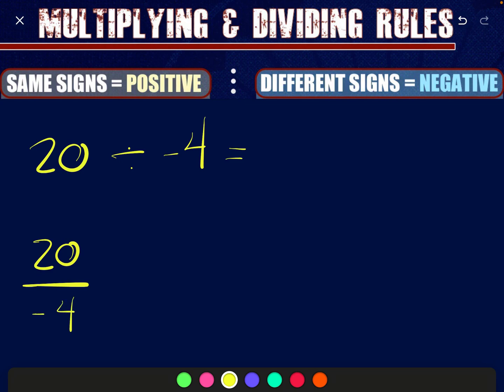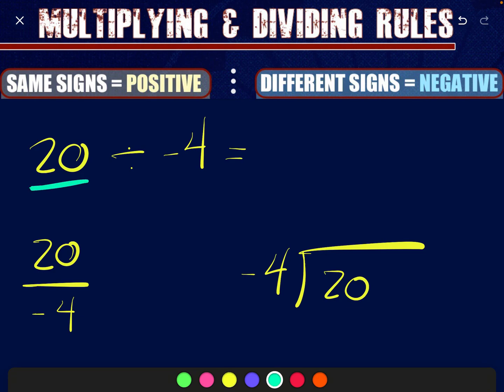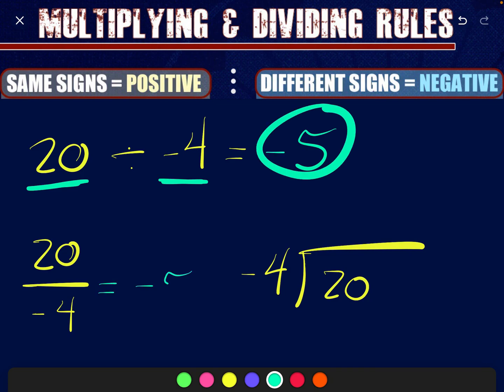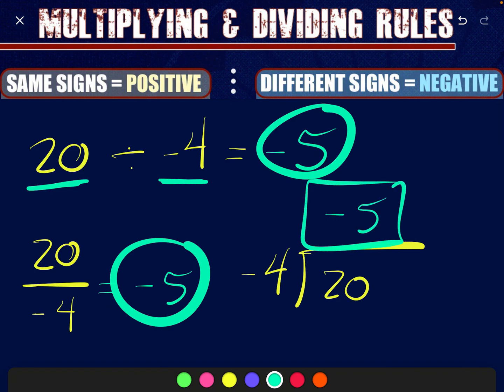Or if you build a house, when you build a house, top goes in, 20 goes in, bottom number goes out. They're all going to give you the same answer. All right, so again, 20 divided by 4 is 5. You look at the signs, they are different, so your answer is negative 5.